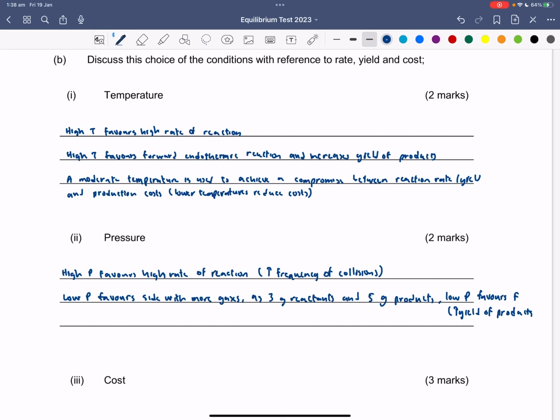So a high pressure is good for reaction rate, a low pressure is good for yield.